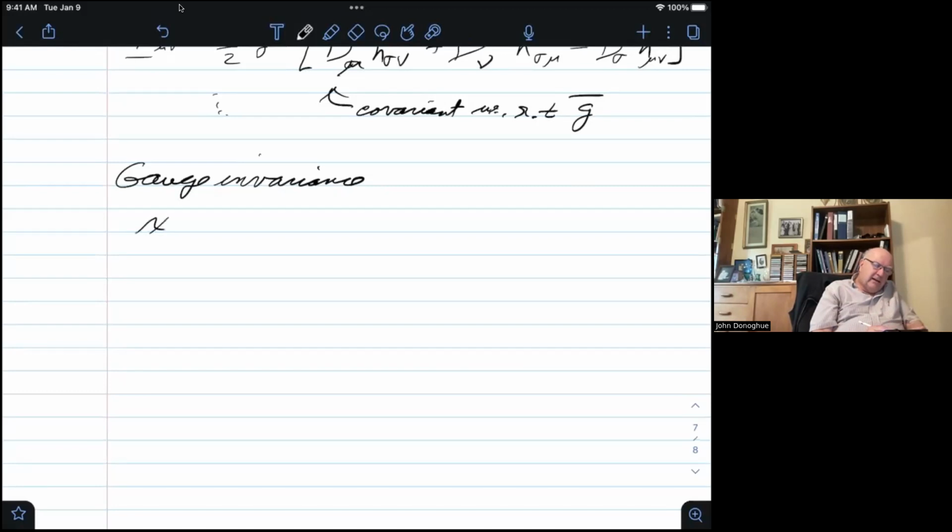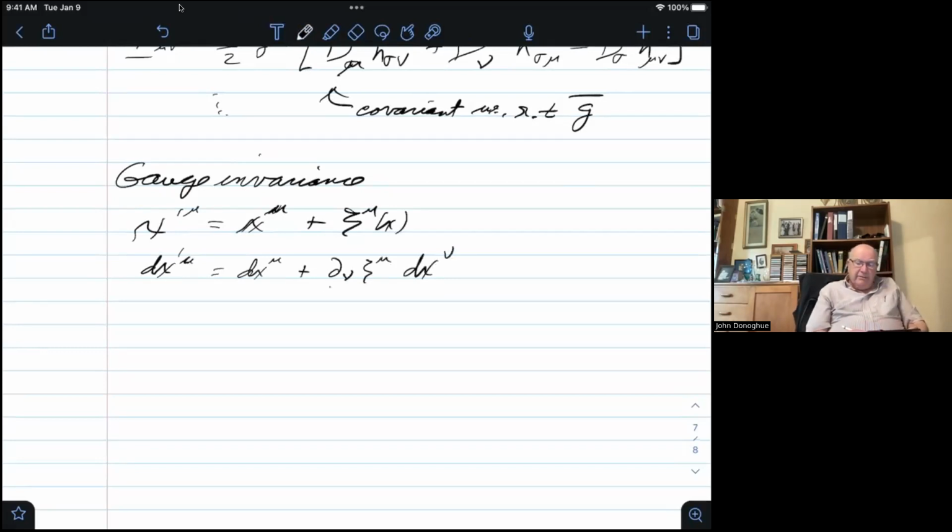So if I let X prime mu equals X mu plus some little C mu of X, the differential form is dx plus terms involving the derivatives acting on this field.